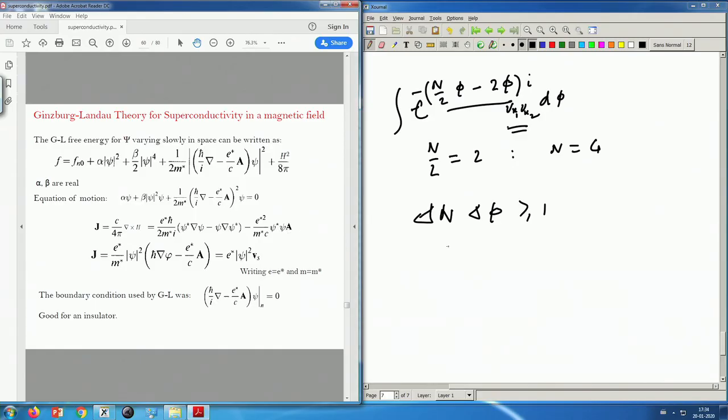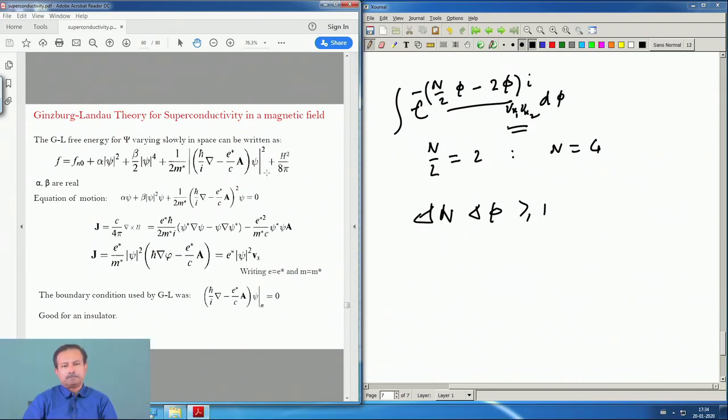So, let me just go to a topic which is required when we do electrodynamics of a superconductor, because you want to understand what happens when a superconductor is placed in a magnetic field, and so that requires a treatment which is a bit different.